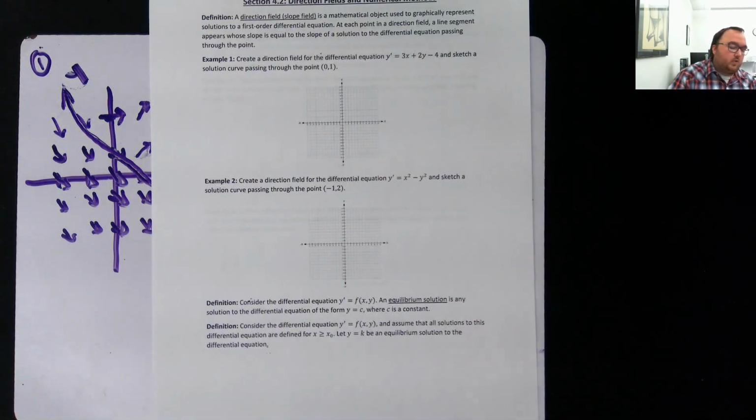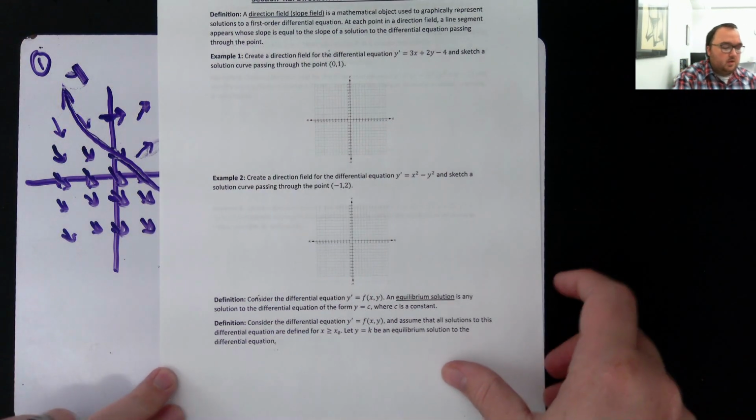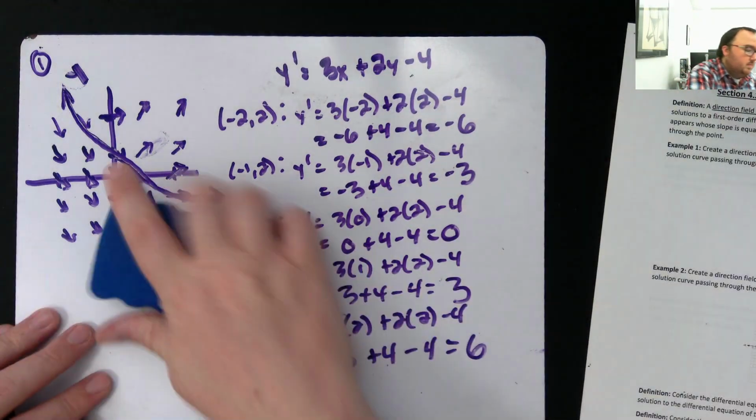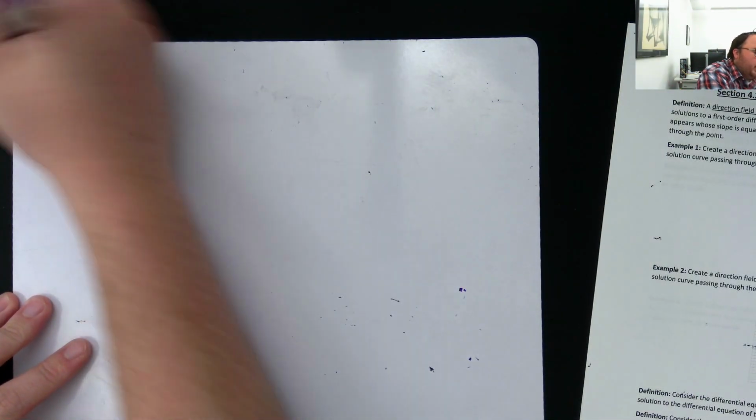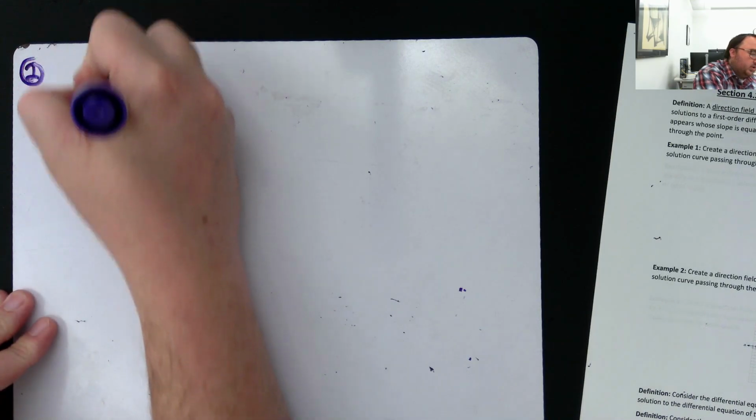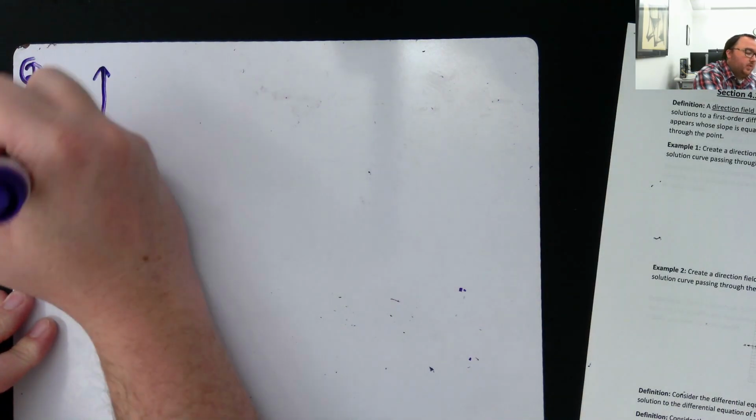Create a slope field for the differential equation y prime equals x squared minus y squared, and sketch a solution curve passing through the point negative 1, 2. So for this one, again, I'm going to draw a slope field.